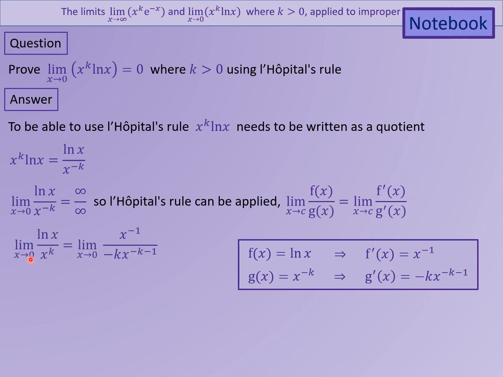So I'm going to look at the limit of the original function is equal to the limit of the differentiation over differentiation. Because both of those tend towards infinity, this has got to be true according to L'Hopital's rule. Right, now, before I do any more work on this, let me just neaten this up.